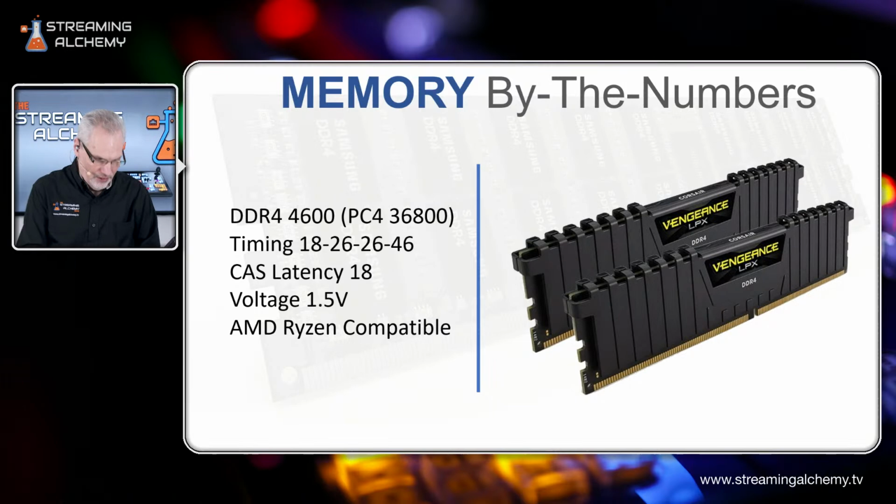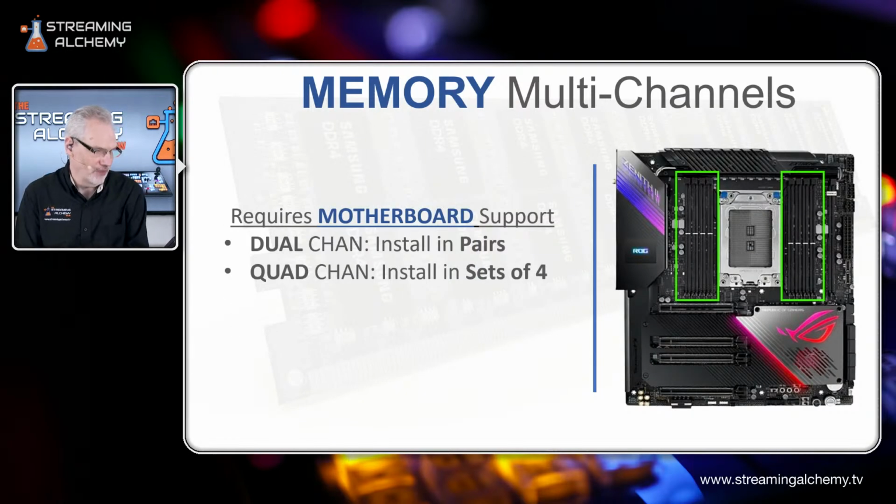So the last thing I mentioned was not specific to the memory itself, but the memory channels on a motherboard. To put this in context, motherboards today usually work in either what's called dual channel or quad channel.